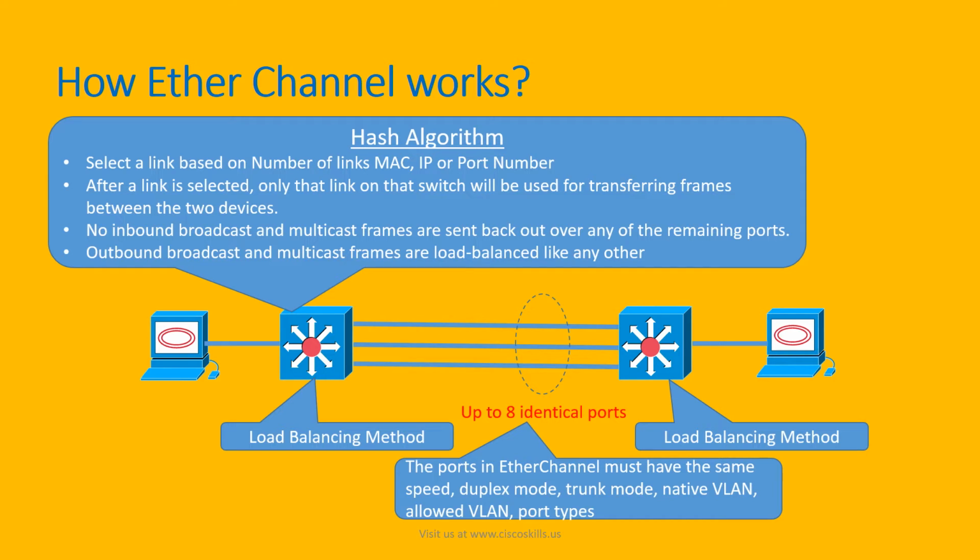The IP address of this computer and the MAC address of this computer are fixed, and the port number for the application on this computer is also fixed. Same thing here. The IP address, the MAC address, and the port number for the application are fixed, so there's nothing changed. So when it picks this link, this link will be used to forward the packets forever.